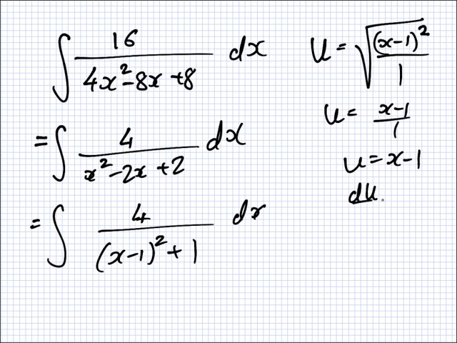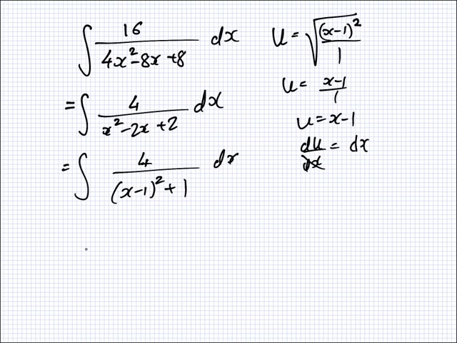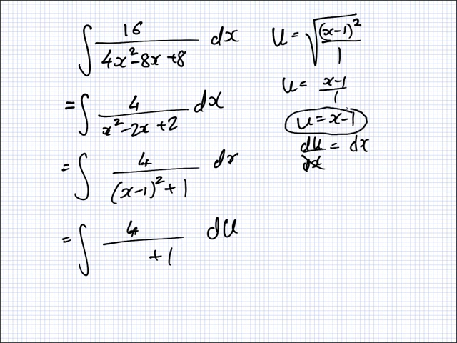And what does du dx equal? 1. So that means du equals dx. So our problem can now be written as 4 over, now we'll have to replace in a moment, and the dx is just du. Look, what's x minus 1? You can see it quite clearly here. x minus 1 is u.